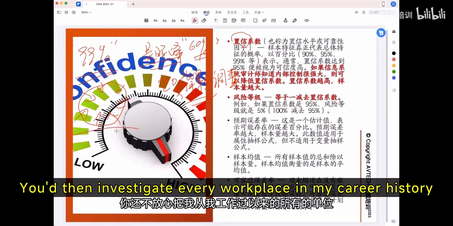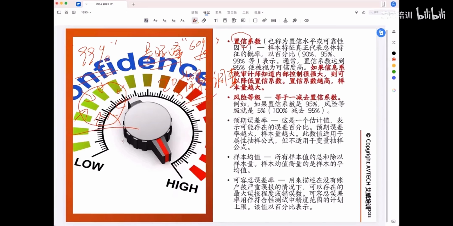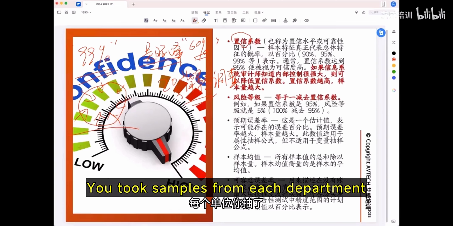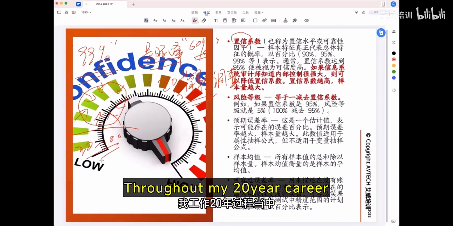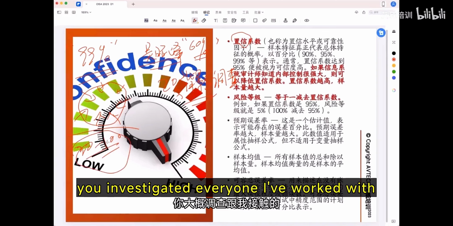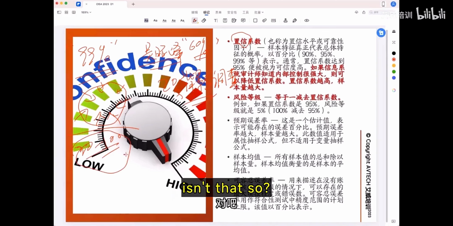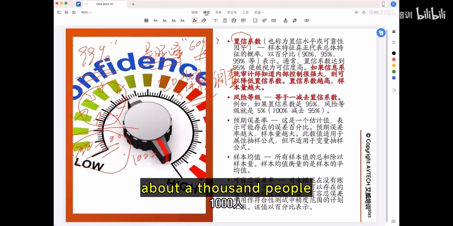You'd then investigate every workplace in my career history. Correct. You took samples from each department, running background checks on 20 to 100 people. Didn't you? Throughout my 20-year career, you investigated everyone I worked with. Isn't that so? Let's say, about 1,000 people.